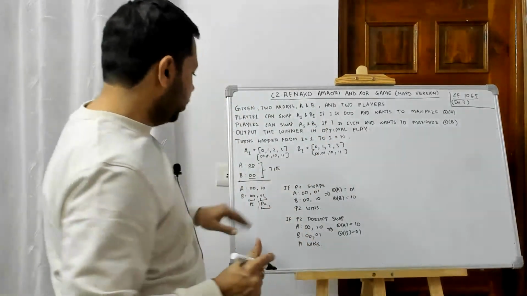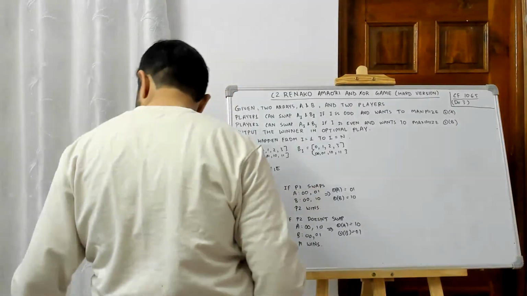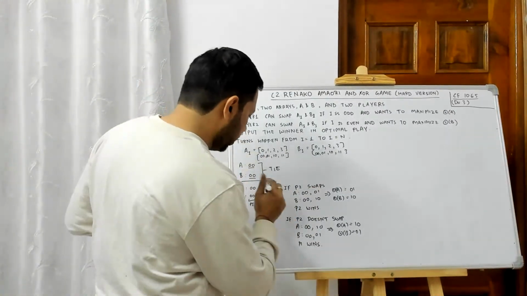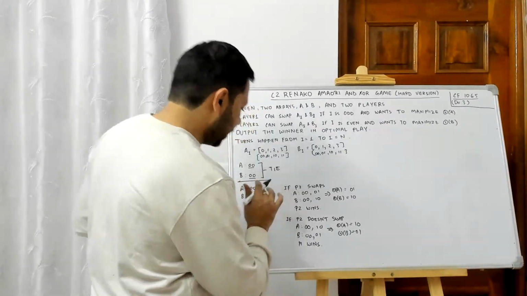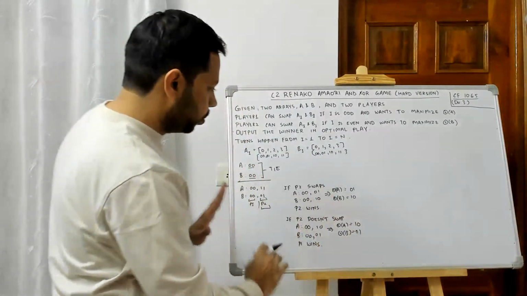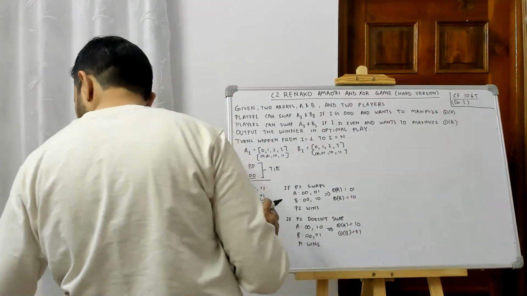Now one thing I want you to note is that even if the second bit was 1, there won't be any difference to this setup. Player 2 will still win with a swap.